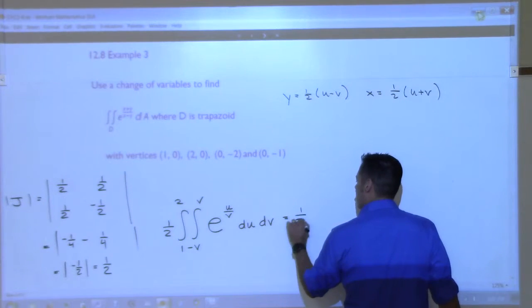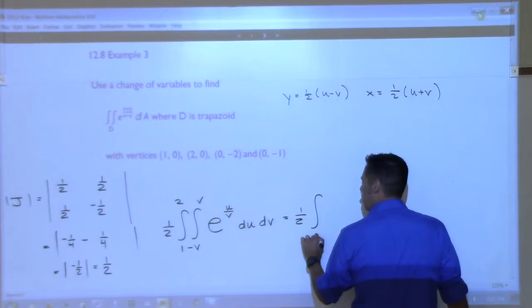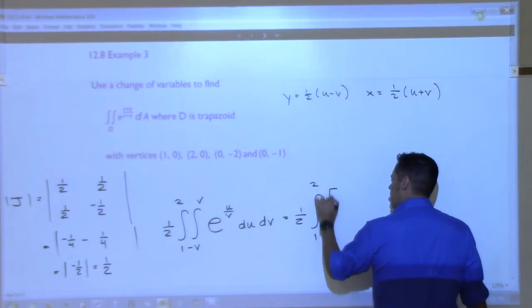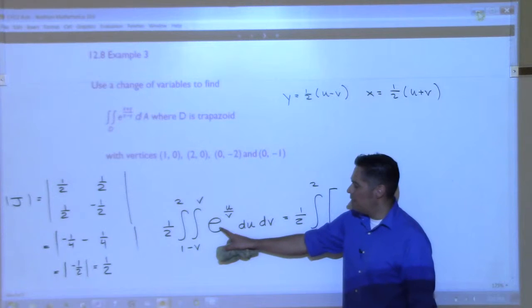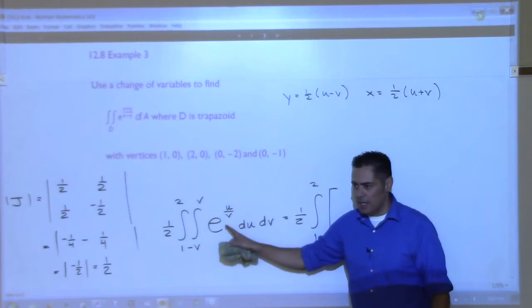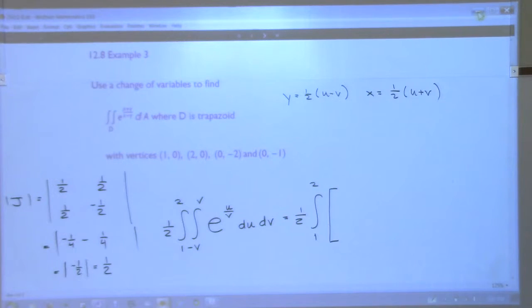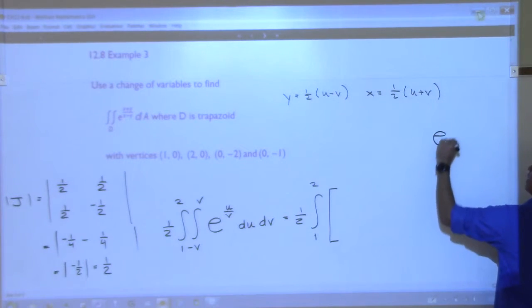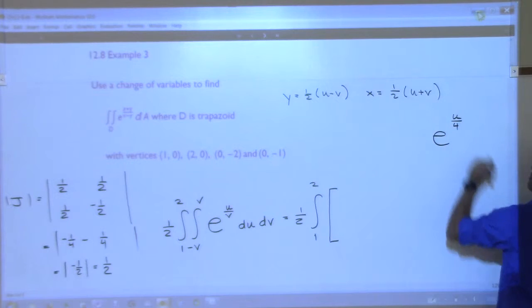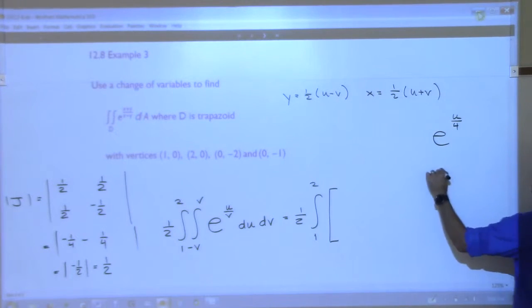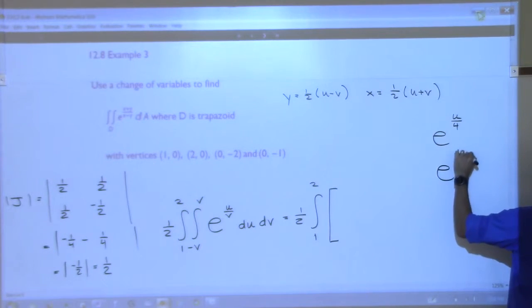So this is 1/2 integral 1 to 2. And then now the antiderivative of e to the u over v with respect to u. So if you're having trouble with that, look at it like we're trying to find the antiderivative of e to the u over 4, let's say. That's the same as e to the 1/4 u.